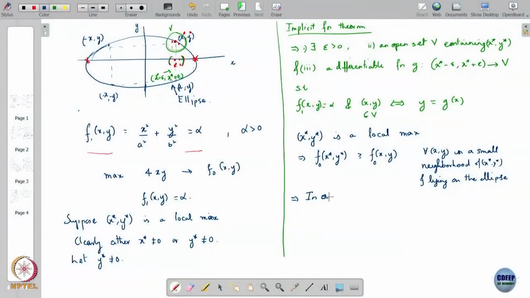Therefore, in a small neighborhood of x star y star, x star is also the solution of this optimization.